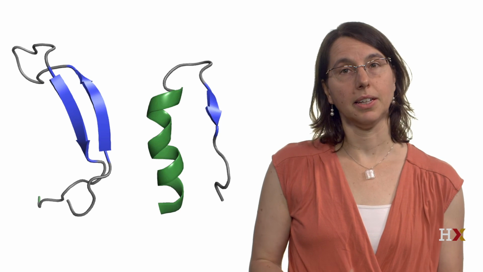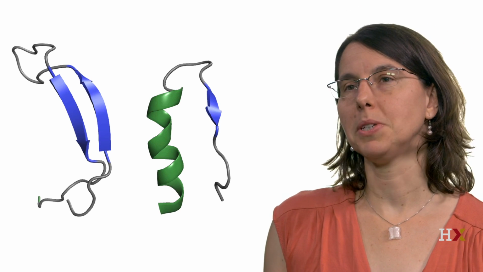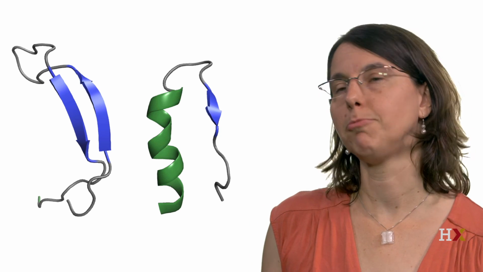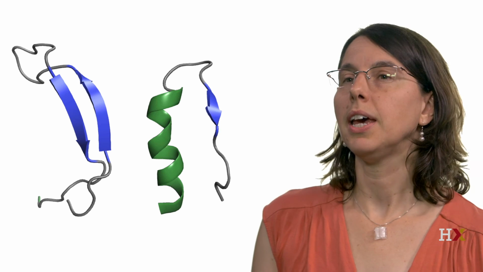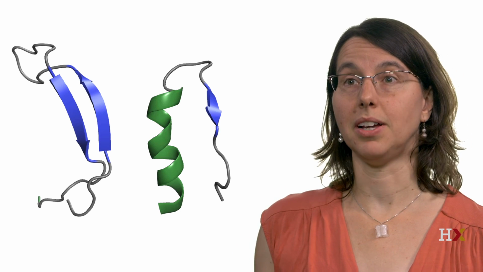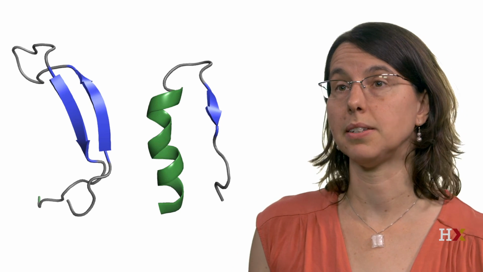Our first example here is two strands of an anti-parallel beta sheet, which are connected by a small loop. And then a second example is a helix followed by a loop followed by a strand. Most loops will fall at the surface of proteins and contain a lot of polar and small residues, and they'll also form the shapes of active sites because they have a lot of conformational flexibility to really shape themselves around the ligands.